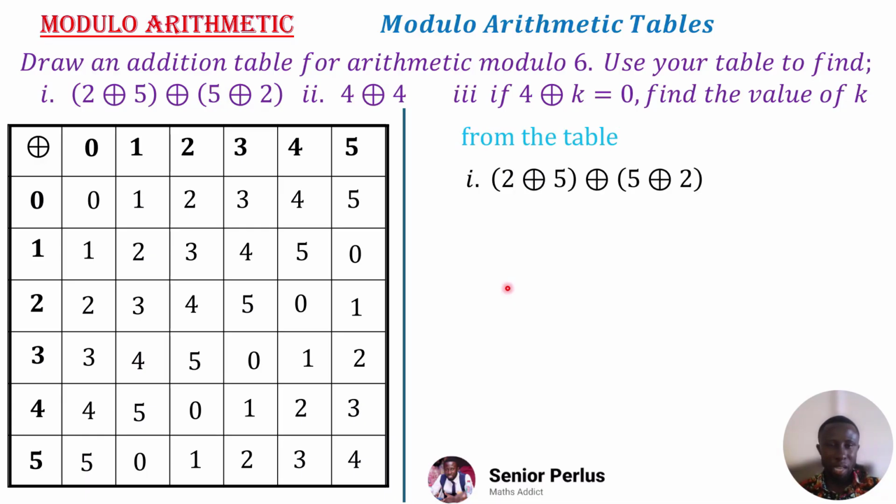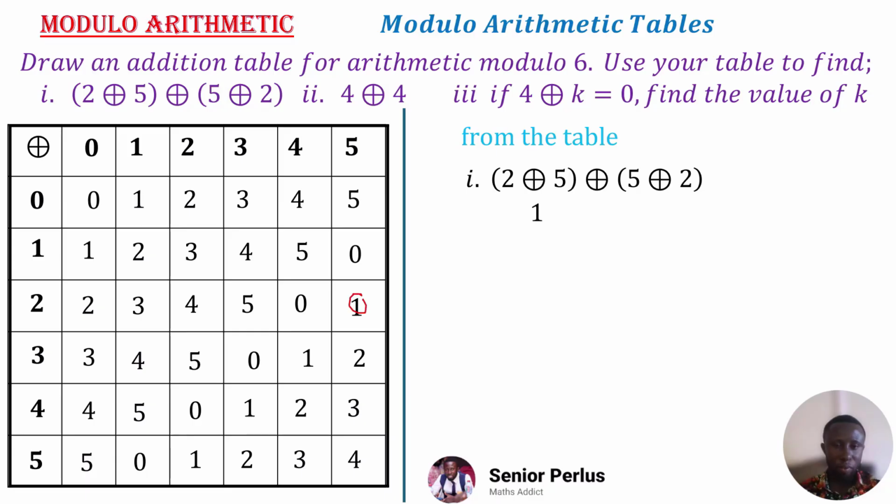From the table, let's check 2 plus 5. So 2 here plus 5, it's here. It's 1.